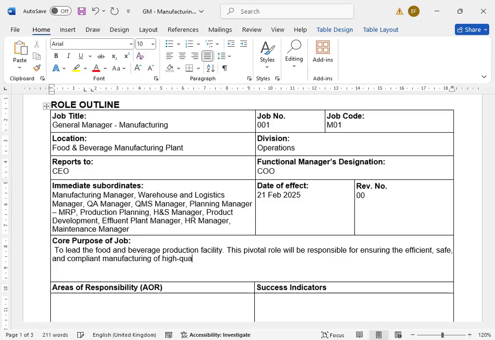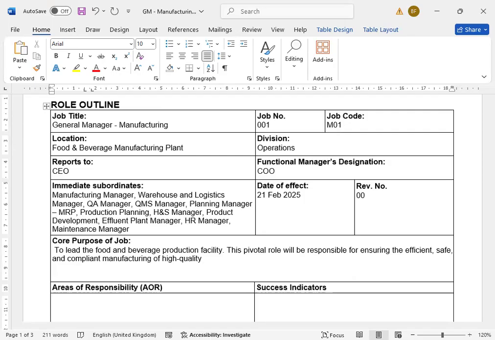That's why you need your plant to be ISO 22000 certified, and whoever the third party is doing the audit or surveillance audit to maintain the certification, they're going to do that. And at the same time, you also have an internal audit.